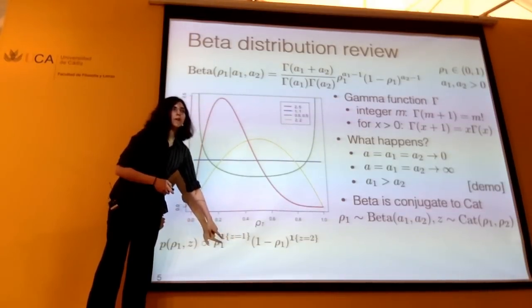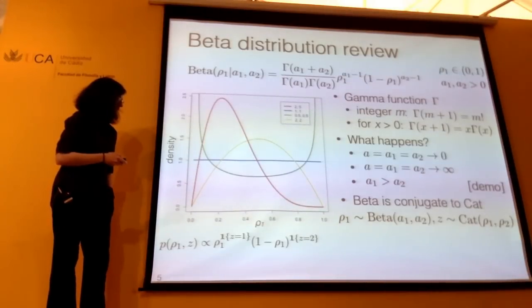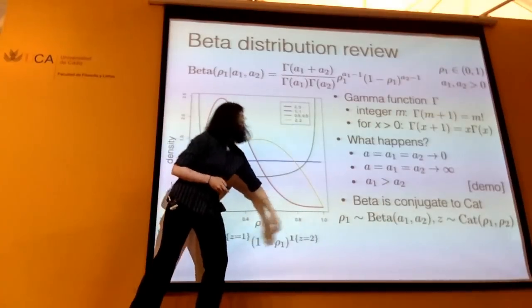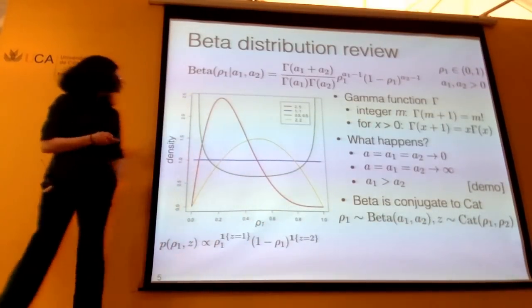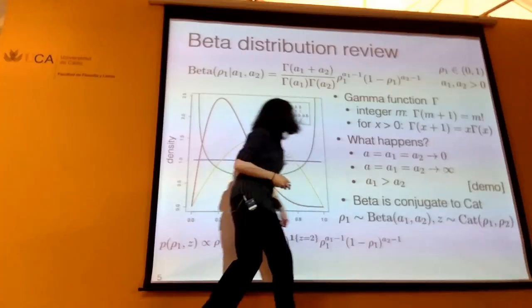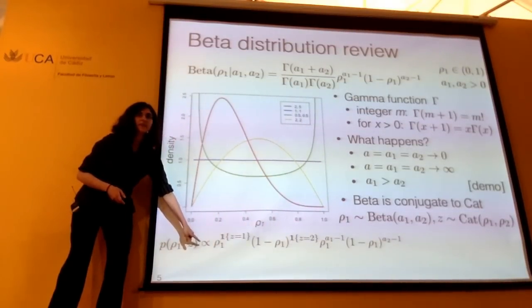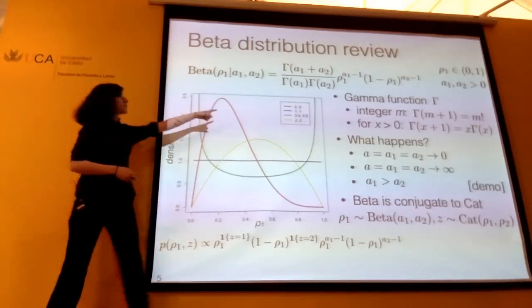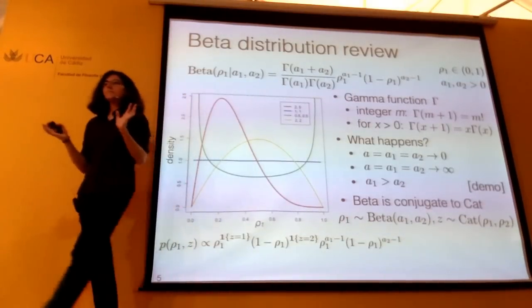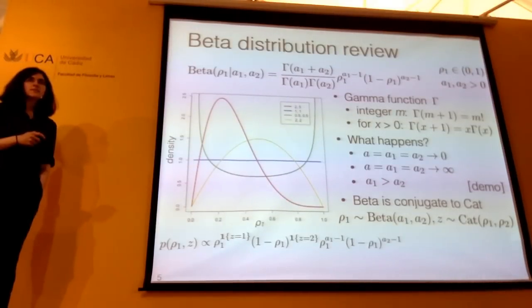It says that we put a 1 in if z equals 1 and 0 otherwise. And 1 minus rho 1 to the indicator variable that z equals 2. And then we put in the prior, the beta distribution prior, and in this proportionality constant, I have everything that doesn't depend on rho 1 and z. So, all of these gamma functions and everything, I've left them out because they're not important for this calculation.